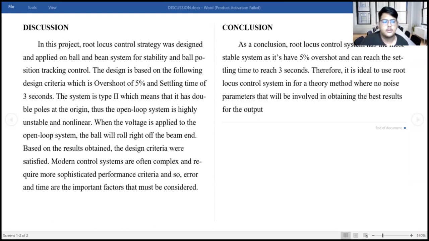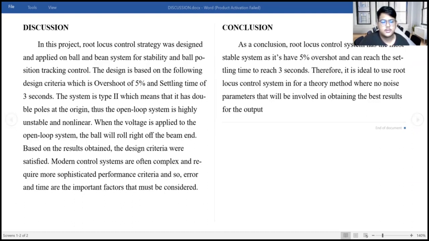Next, I will present the discussion of the project. In this project, a root locus control strategy was designed and applied on the ball and beam system for stability and ball position tracking control. The design is based on the following design criteria, with a percent overshoot of 5% and settling time of 3 seconds.